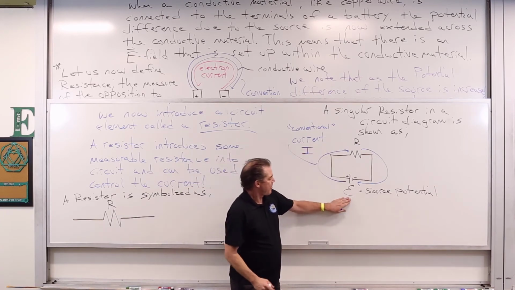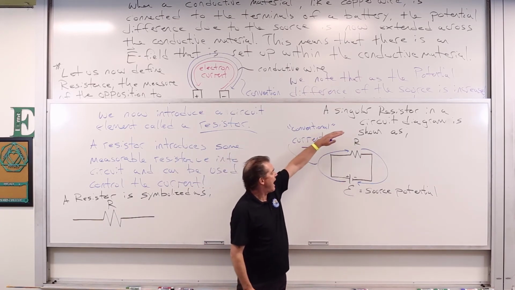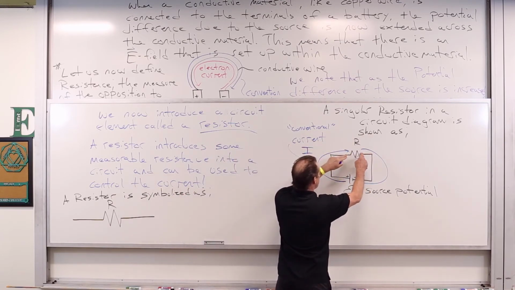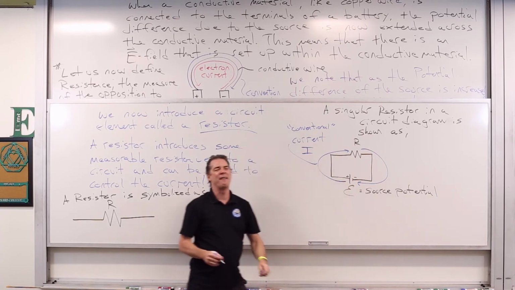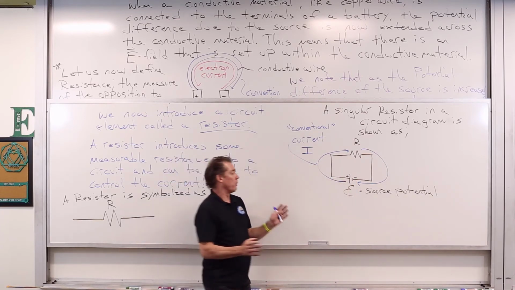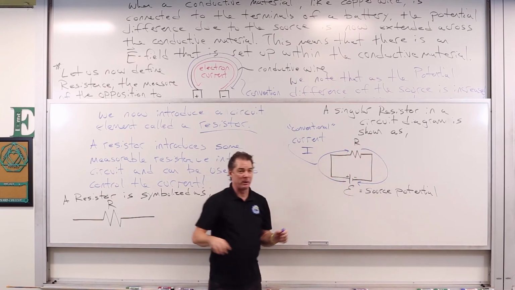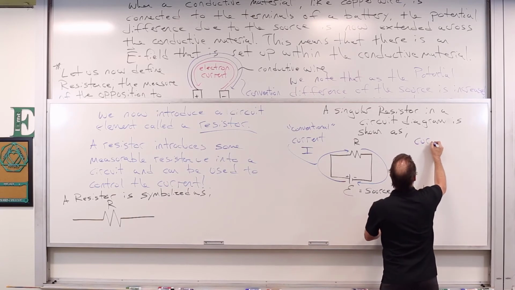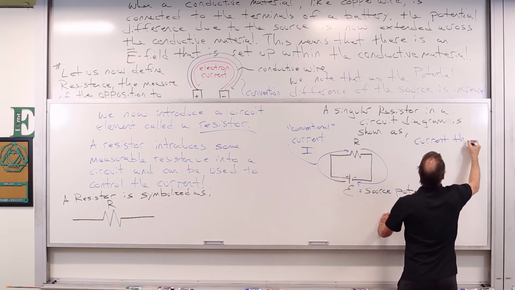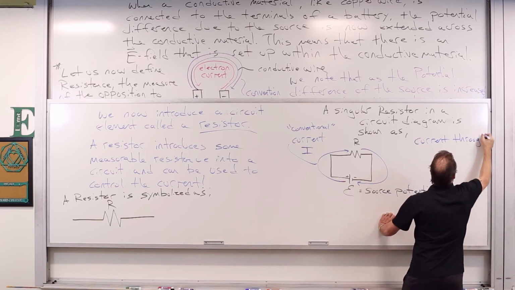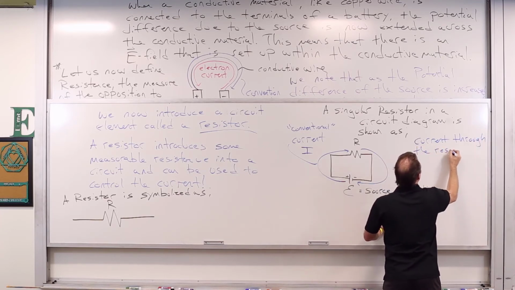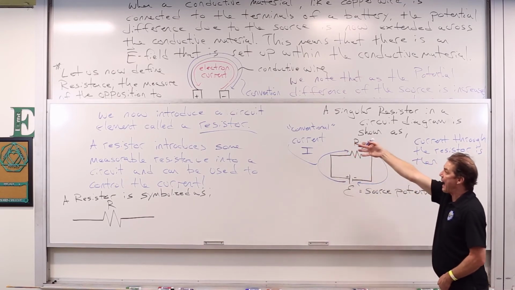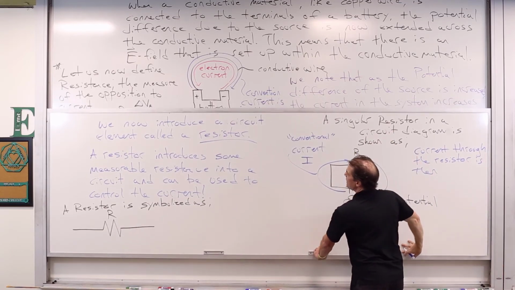Well, that depends on what the source potential is and the resistance of the resistor. Now, if we assume that these conductive pathways between the resistor and the terminal have a negligible resistance, or we're just adding it into the overall resistance of the resistor, then the current through the resistor is gotten by Ohm's law.